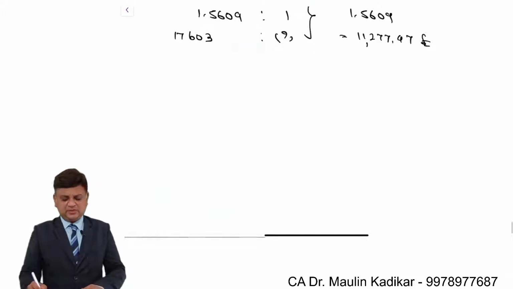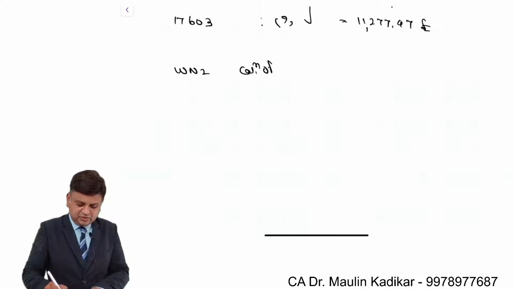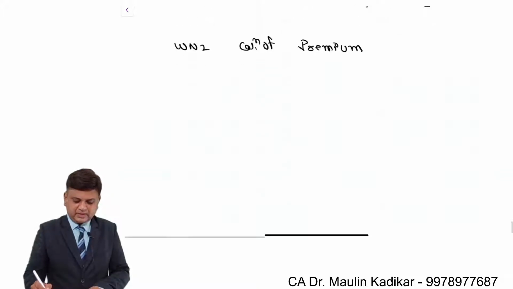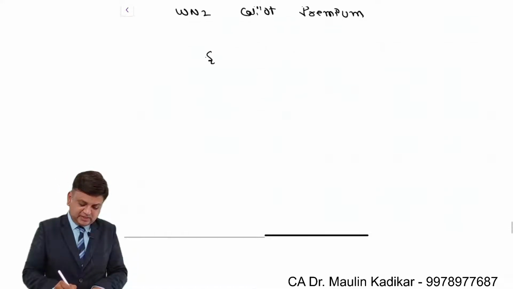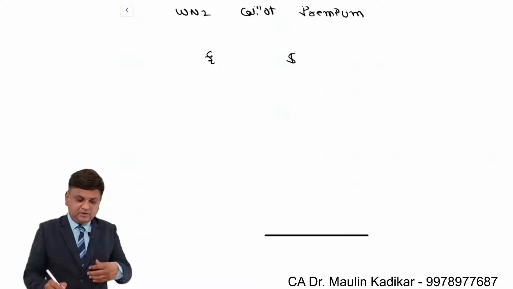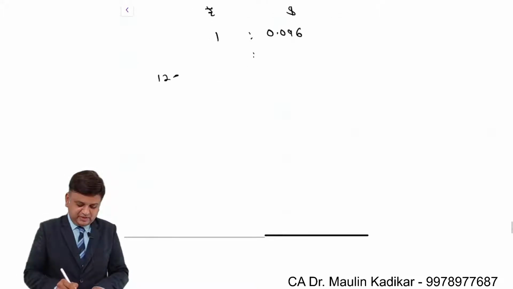The remaining two working notes are very simple, almost the same that we have done. Working note number 2, calculation of the premium. Friends, once again, you are required to compute the premium in dollar currency. You purchase the right to sell 1 pound, then the amount of the premium is $0.096 because you have to purchase a put option. So 12,500 into 18.